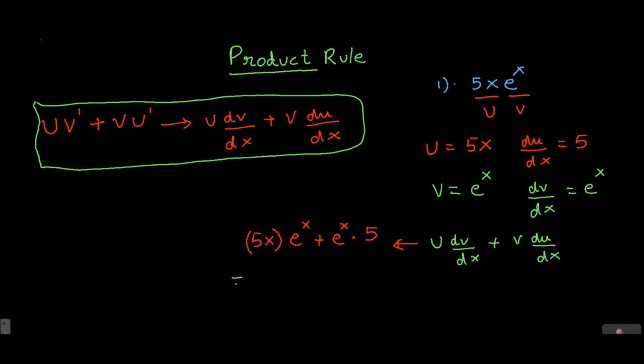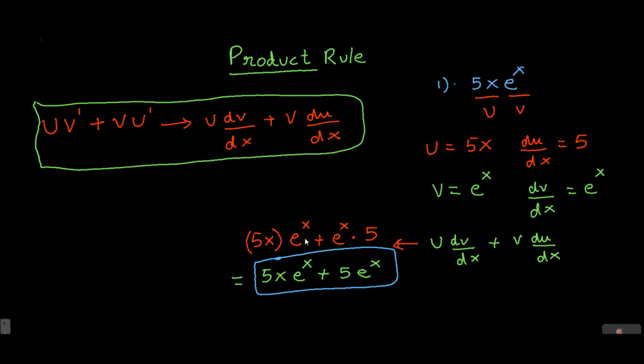So your answer is 5x e to the x plus 5 e to the x. So here's your solution. So this is our answer for the derivative of 5x e to the x. You have used the product rule to get this result.